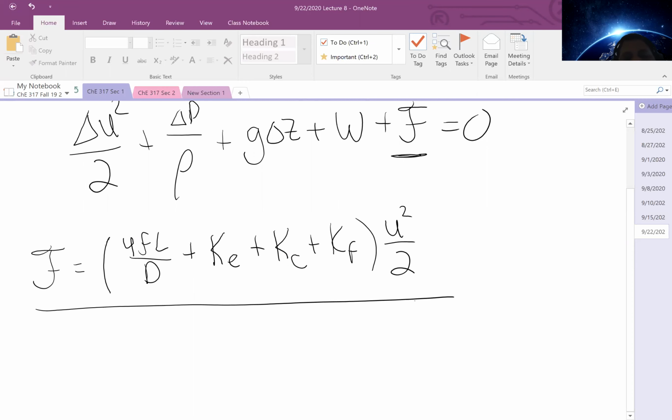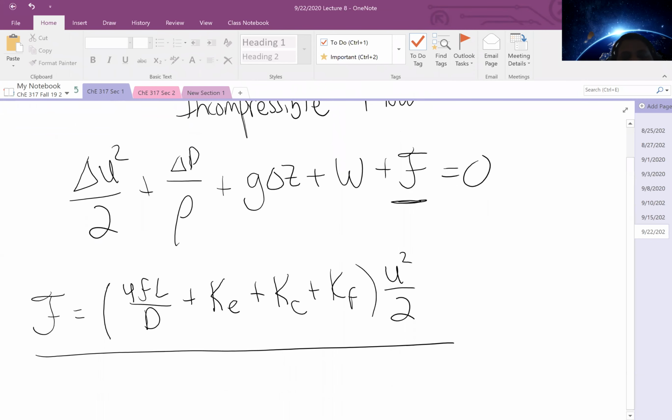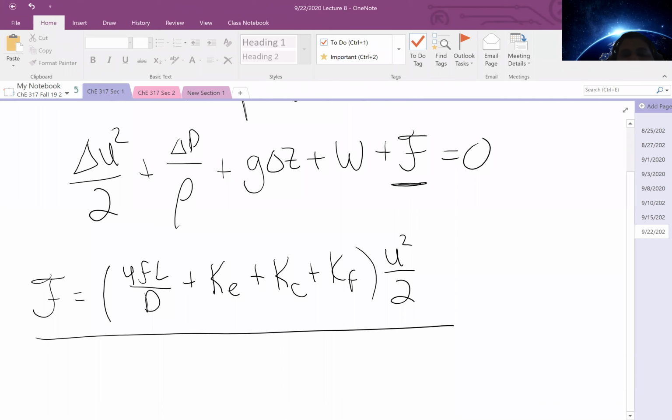Thus, we can describe our full friction term by the following expression: 4f L over D plus Ke plus Kc plus Kf, all times u squared over 2. And with that, we can then fully solve our mechanical energy balance, now incorporating frictional dissipation.